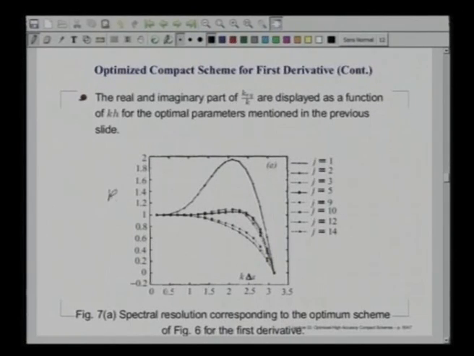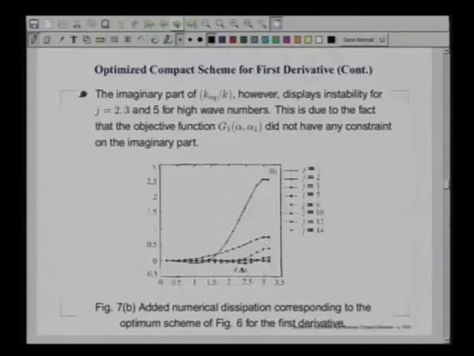This side is your k equivalent by k, this is your real value, and ideally you want it to be equal to 1, and that is plotted versus k delta x. Okay. We can also plot the imaginary part of k equivalent by k, and here you see things are not as good as they ought to be, right.